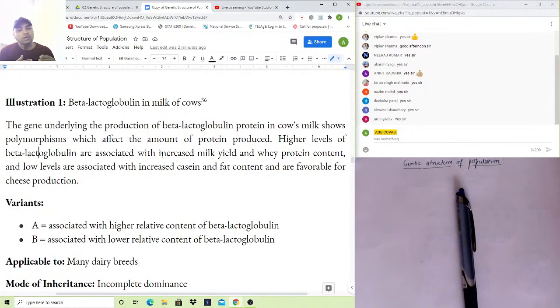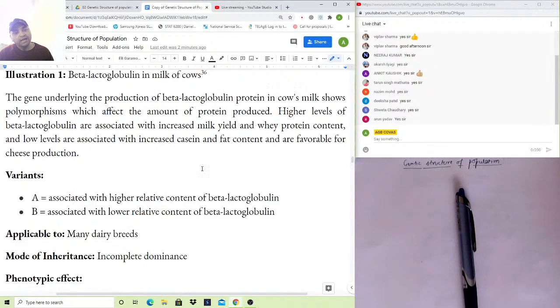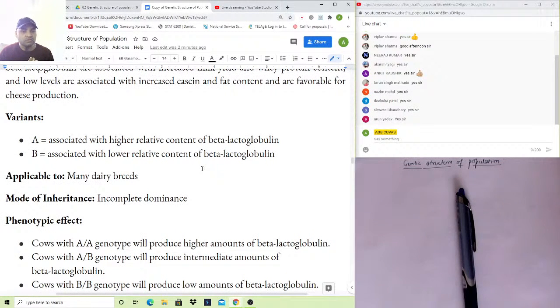So low and high levels are highly associated with this. Now we have two variants of the gene which are associated with the higher and lower levels of beta lactoglobulin in the milk. We have two forms of the gene, one is A, the other is B. A is associated with a higher relative content of beta lactoglobulin and B is associated with a lower relative content of beta lactoglobulin.